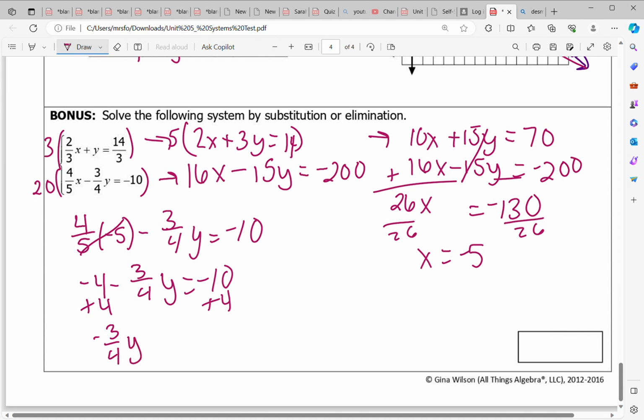Negative 3/4 y equals negative 10 plus 4, which is negative 6. Multiply by the reciprocal, which is negative 4/3. So it's going to become positive. So positive 8. So that would be negative 5, positive 8.